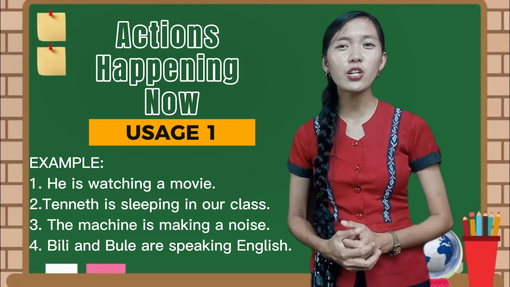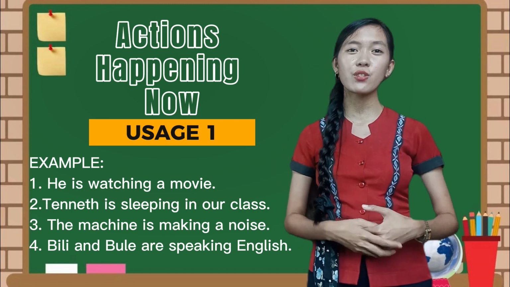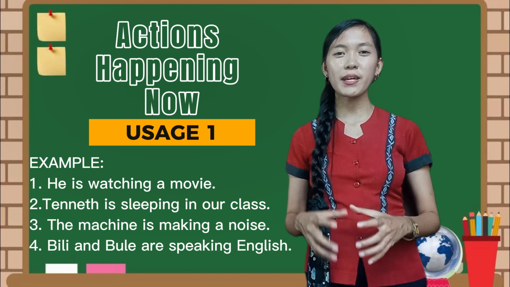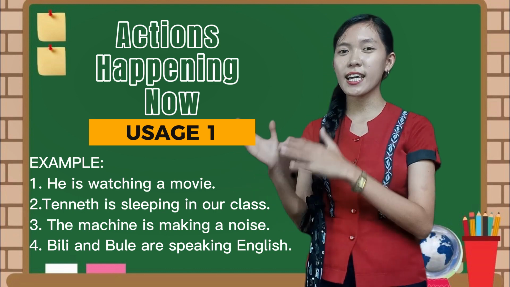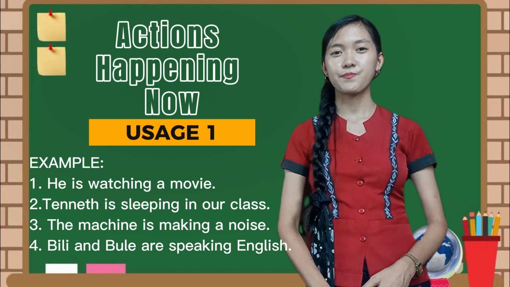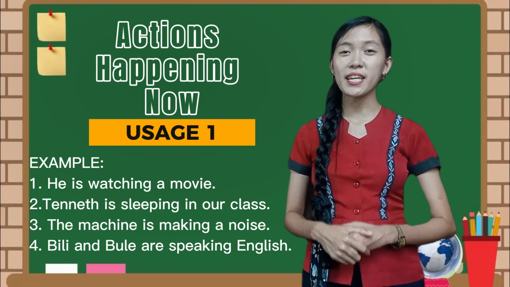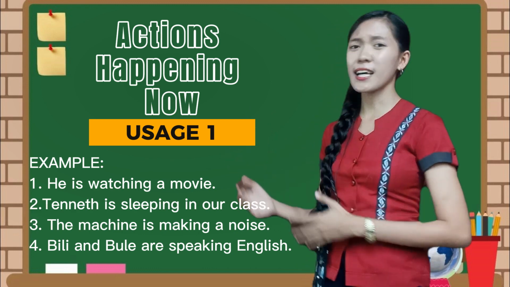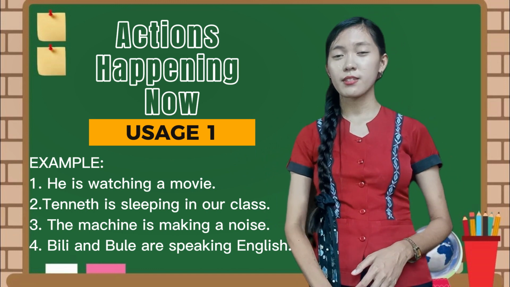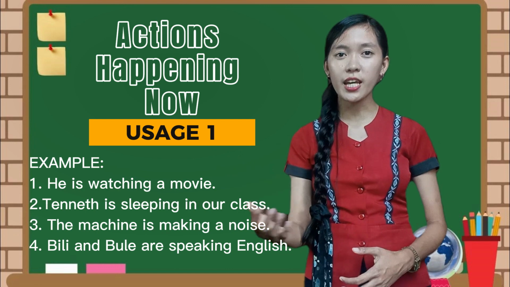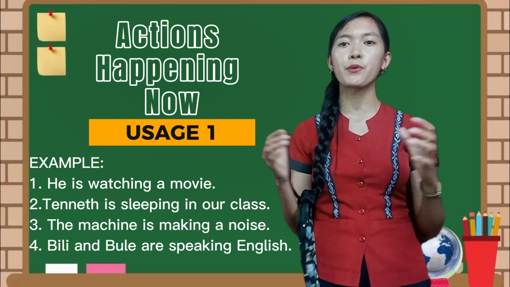And again, you'll notice I added ing to the end of the verb, which is the word sleep. That makes the sentence, Kenneth is sleeping in our class. The next sentence says, the machine is making a noise. Now, pay attention to the subject. What is the subject there? The machine. Very good. The machine. Now, what is the proper pronoun for that?